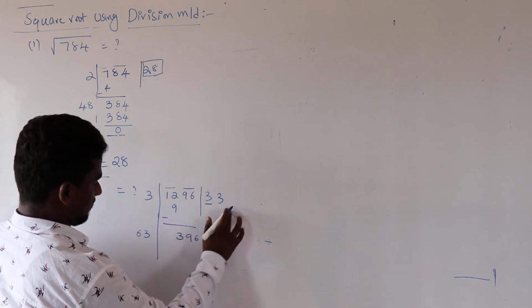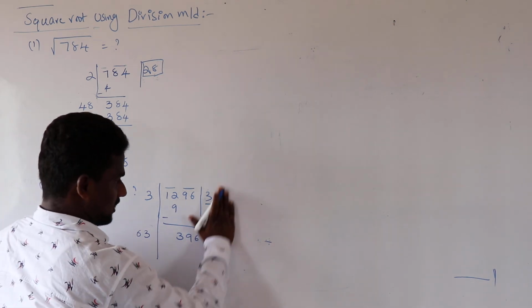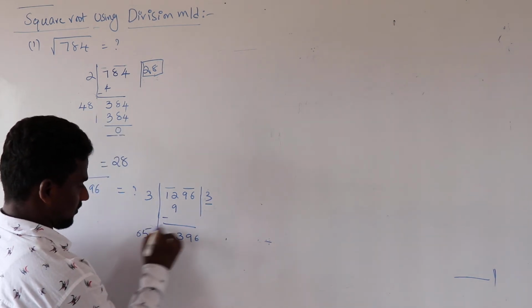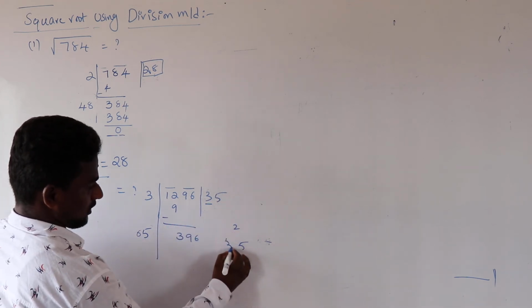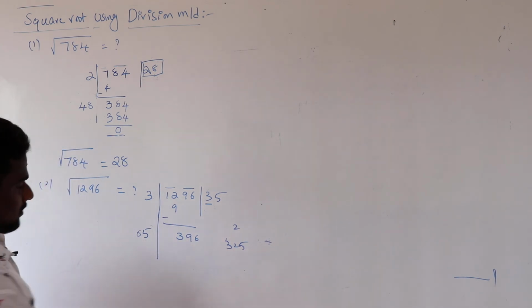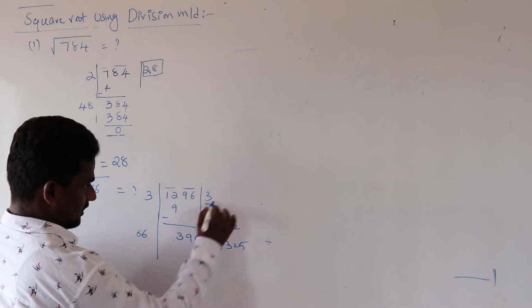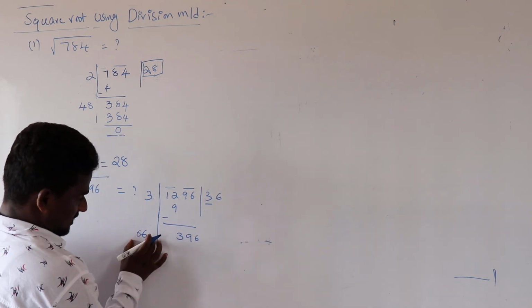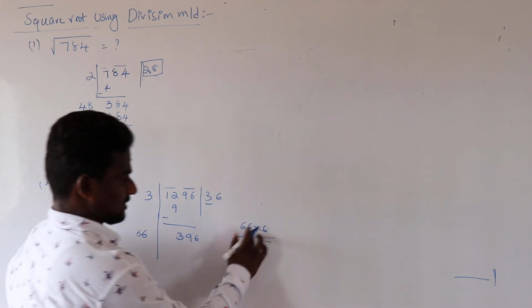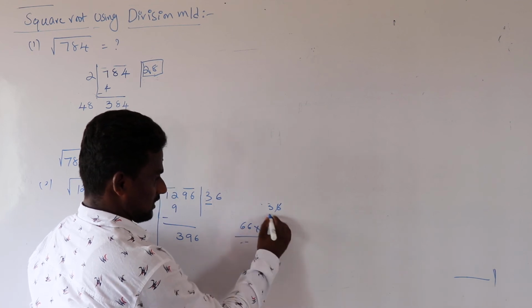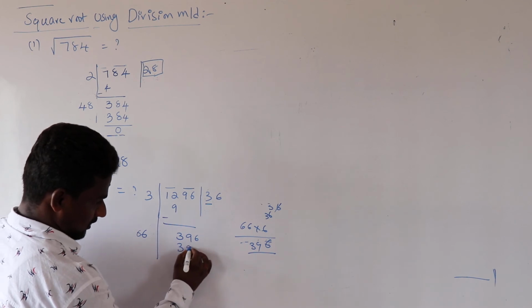63 into 3. 3 3s are 9, 3 6s are 18, we will get 189, very less. So 3 also is wrong. 5 5s are 25, 5 6s are 30 plus 2, 32, nearer to 396 but not exactly equal to 396. So again 6 means it will become 66 into 6. 6 6s are 36, 6 6s are 36 plus 3, 39, 396, means the exact remainder value, 396.